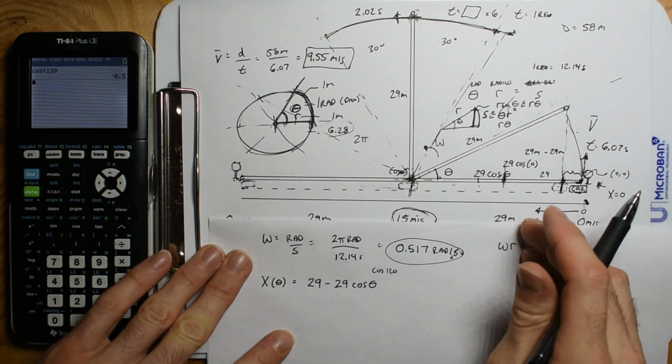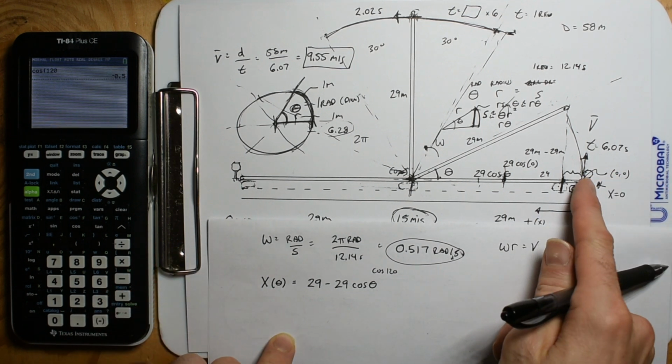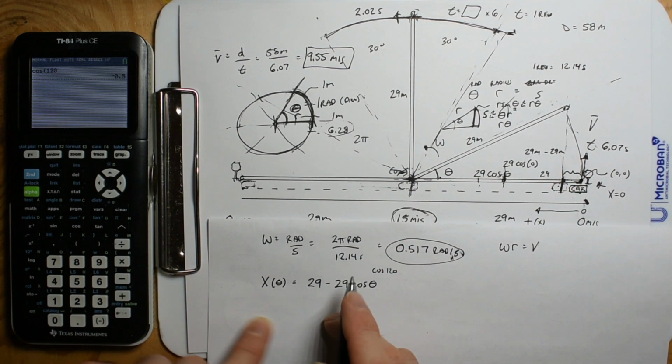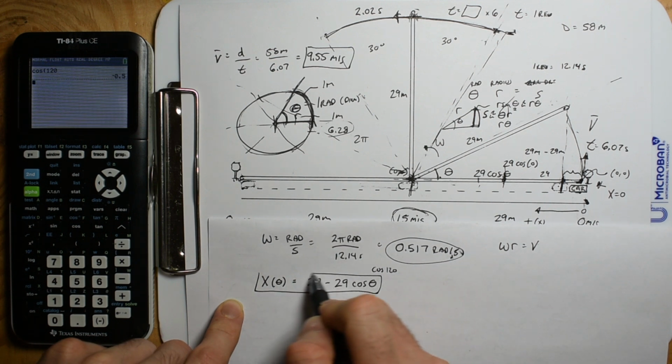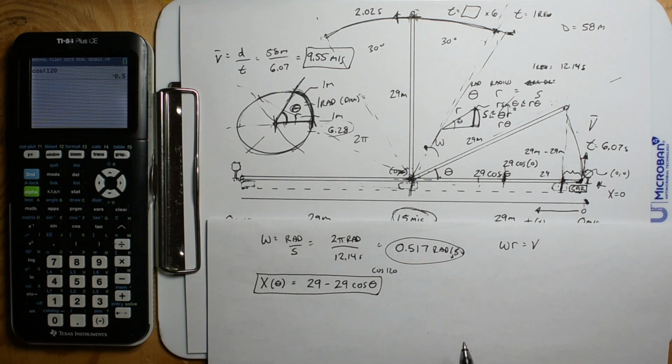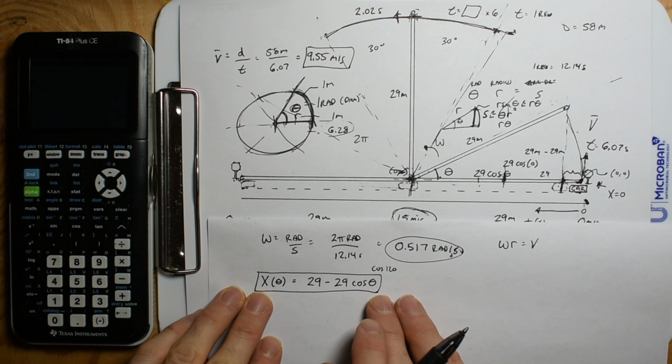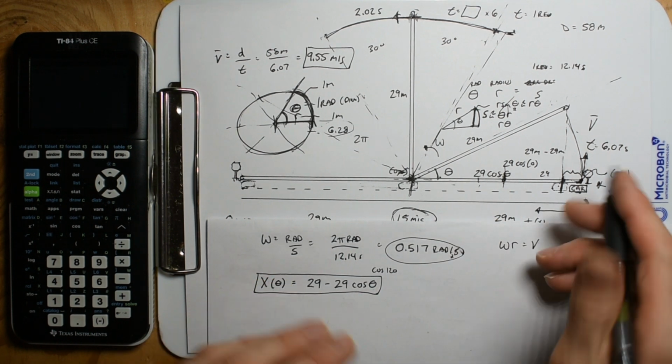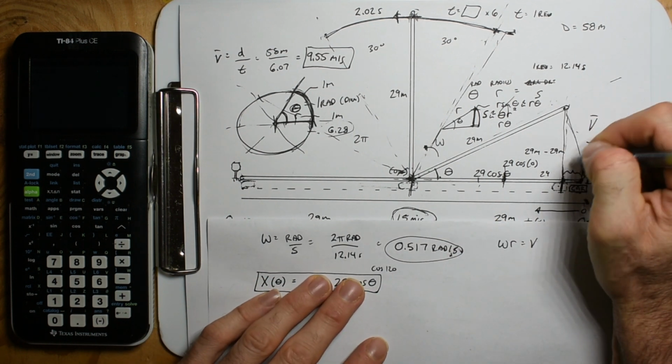All right, so we have an equation for this distance, and it's not a function of time. It's just a function of the angle. So this is just using pure trigonometry.